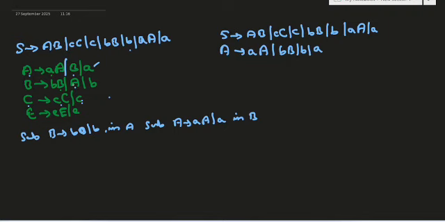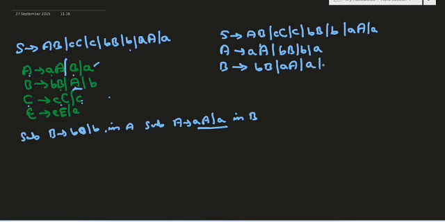Now when we go for this B, this B can be replaced as BB, and instead of this A, substitute the A values. A can be replaced by small a, capital A, and A can also be replaced by small a.